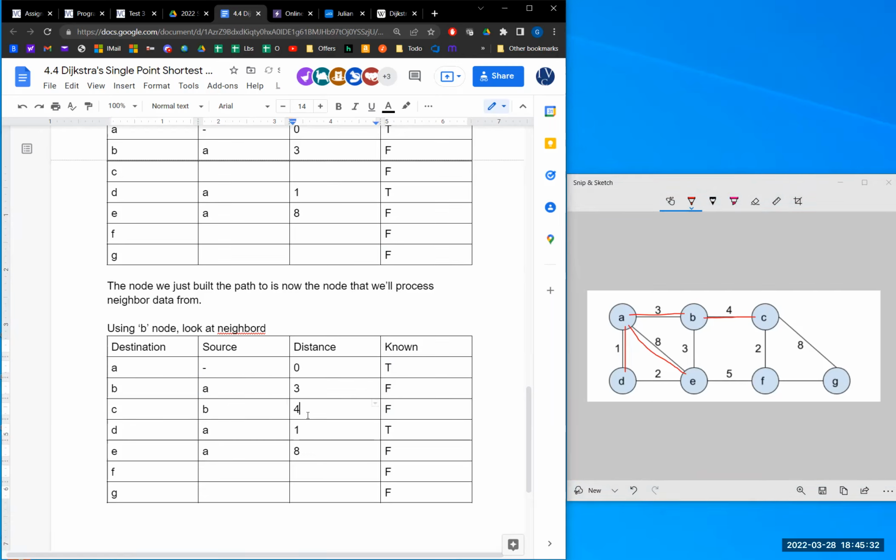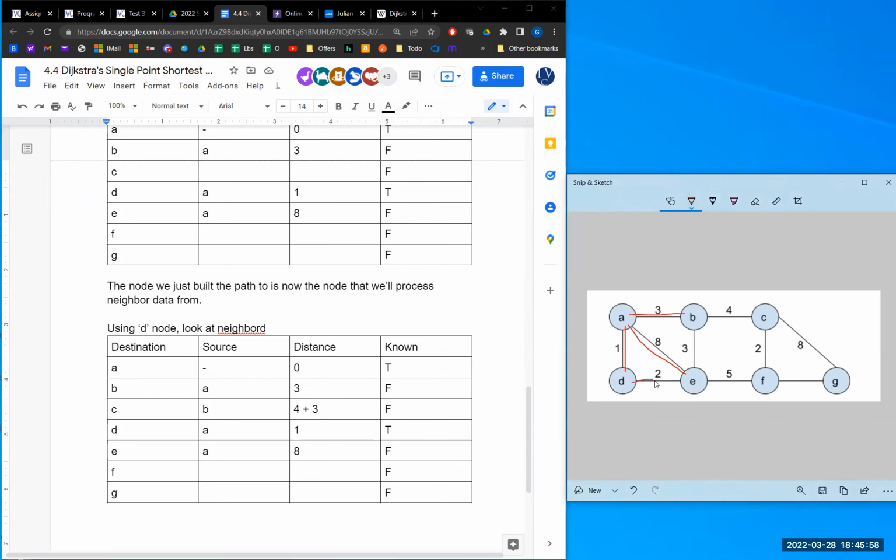Now the distance is going to be the sum of the full path length. So it costs 4 to get from B to C, plus it took us 3 to get to B. And here, look at, I'm goofing up here. 1 second. We're using the D node. Let's process the right information. Okay, back to what we're doing.